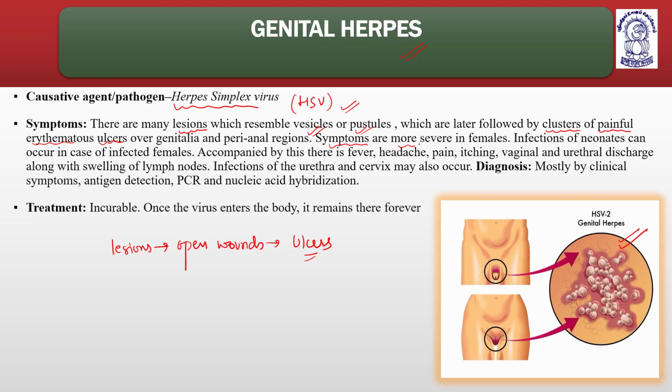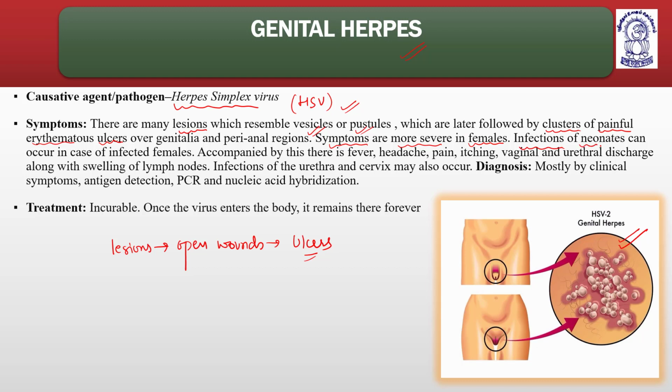Symptoms are more severe in females, because the vaginal discharge gives a high amount of moisture in which the virus can grow very frequently, and that is why females suffer from HSV more commonly in comparison to males.